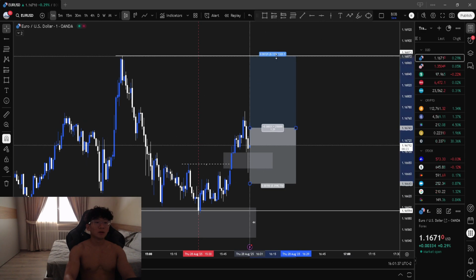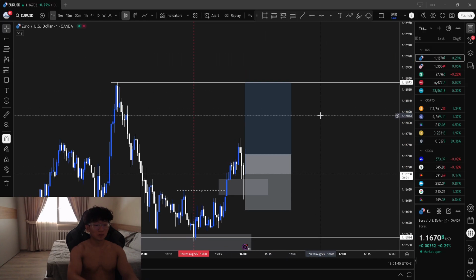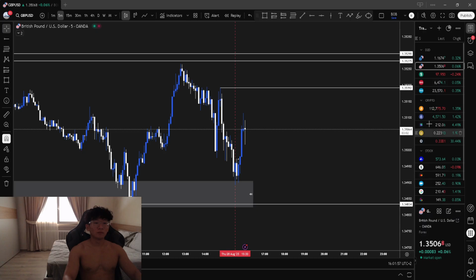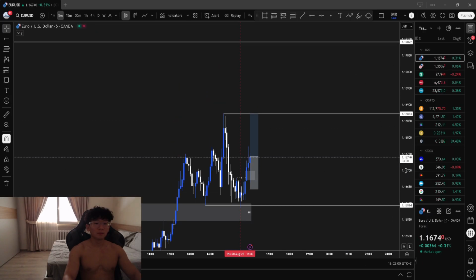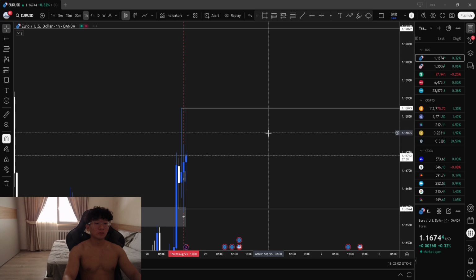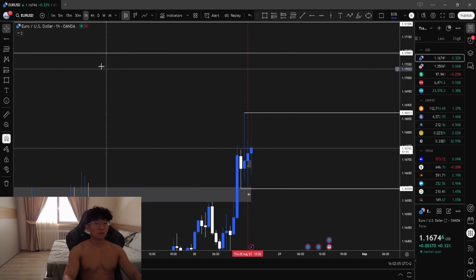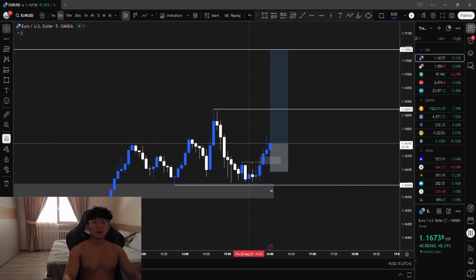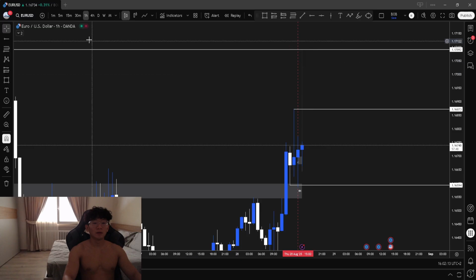Our stop loss is here. TP1. This is my final TP, I'll say.